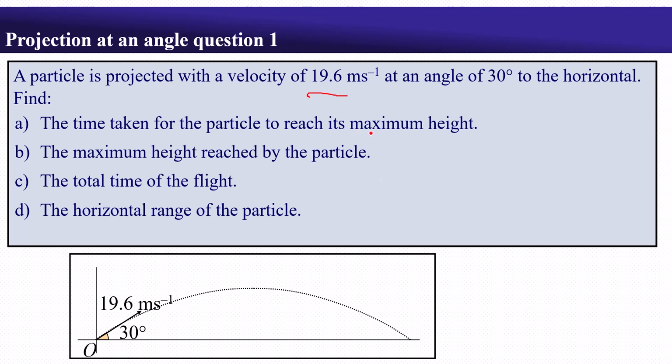First things first, we should always summarize the information for a given part that we're going to answer. For example, part A, the time taken for the particle to reach the maximum height, you have to first locate that maximum height and then summarize your information. So let me sketch the diagram.